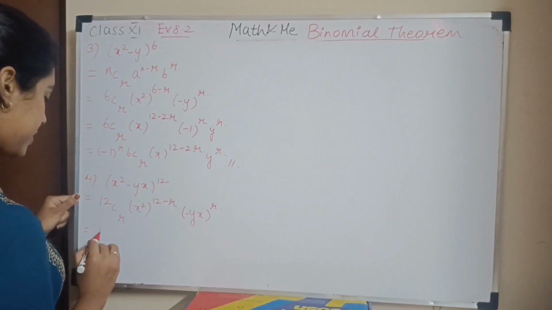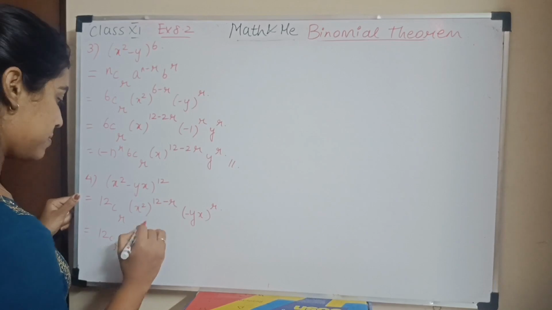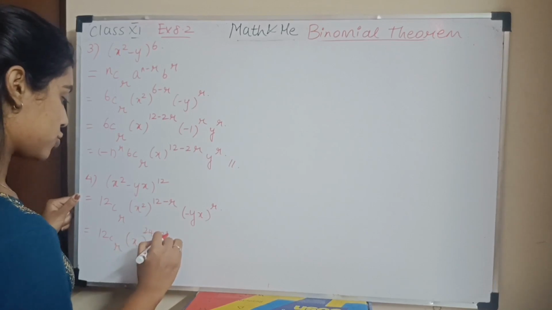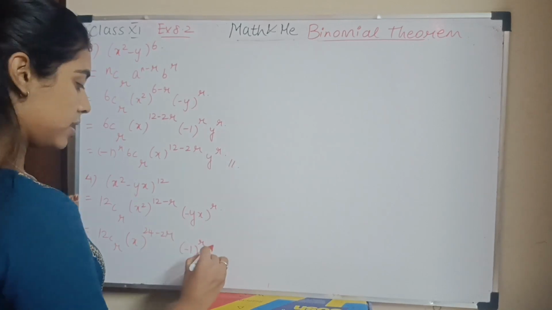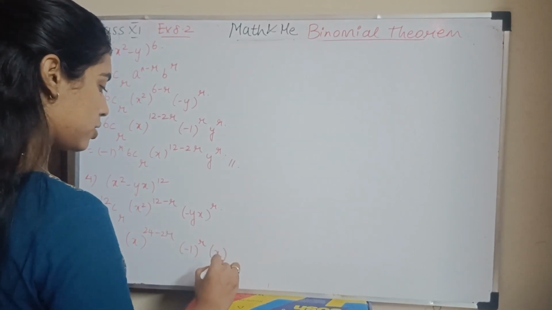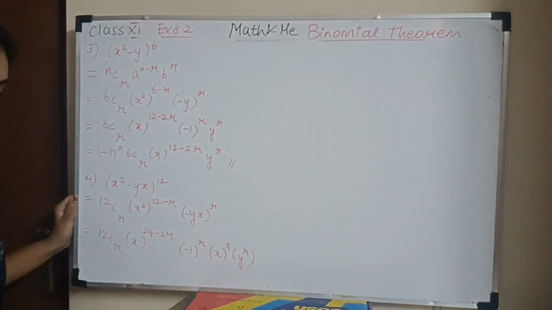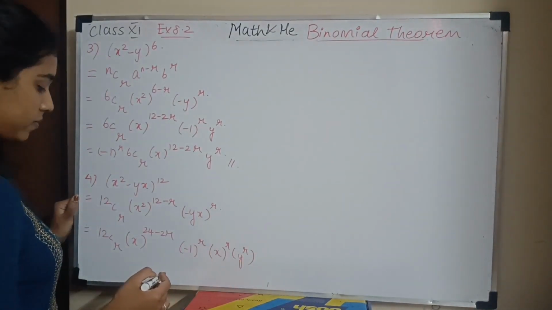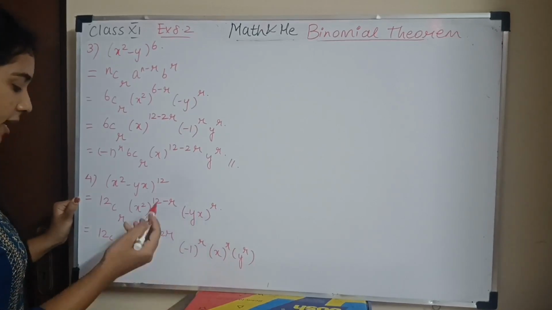So I have 12Cr of x^(24−2r). I take the minus 1 outside, so I have (−1)^r, and I have x^r and y^r, right? Can I split them like this?